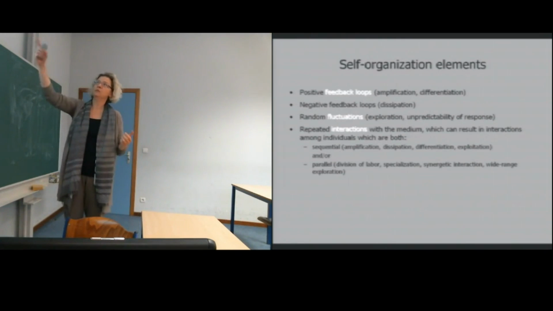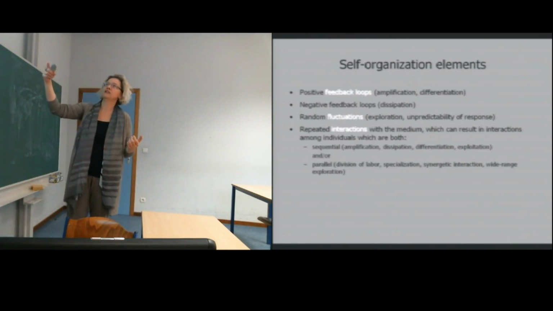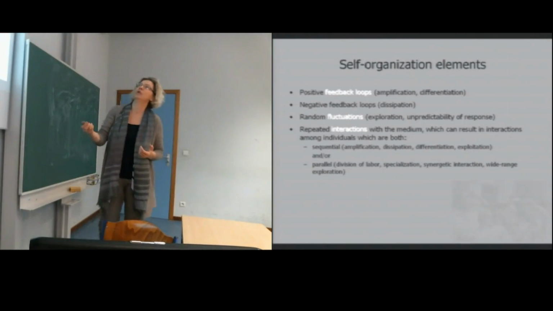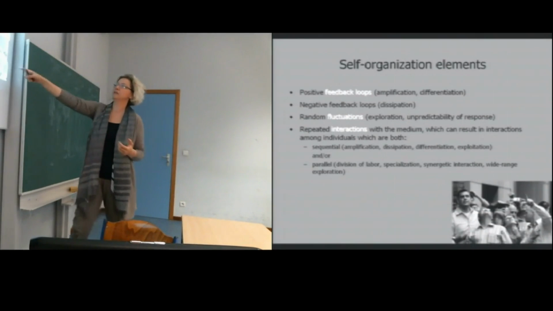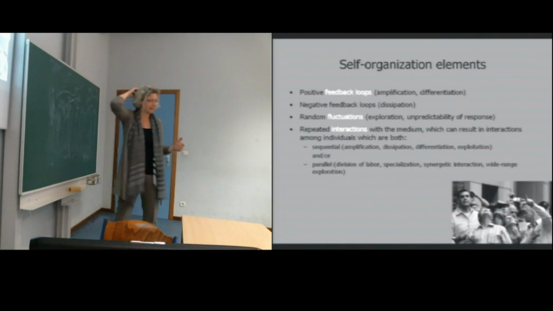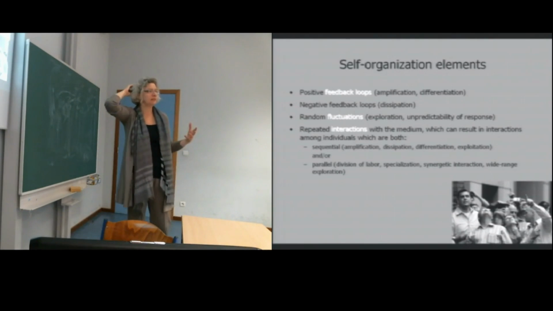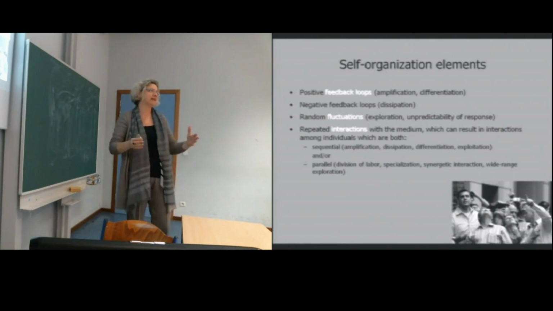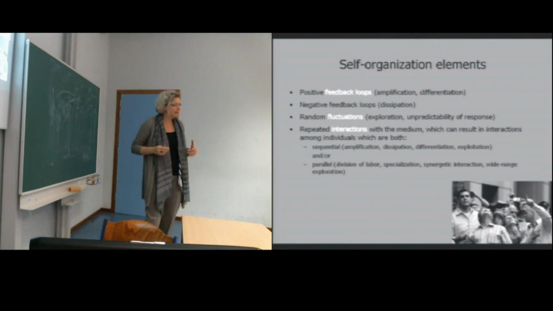Okay, feedback loops, fluctuations, interactions. The interactions can be sequential, they can be parallel. What is important, this is a very good example for this in the collective organization. If there is someone in the middle of the street and he is looking up, and you have people walking by, the probability that some of them will stop will go up.